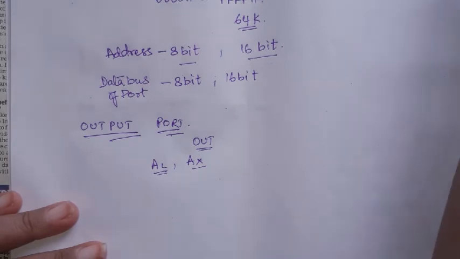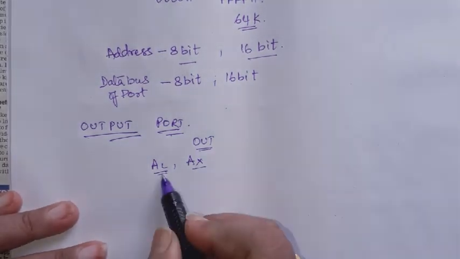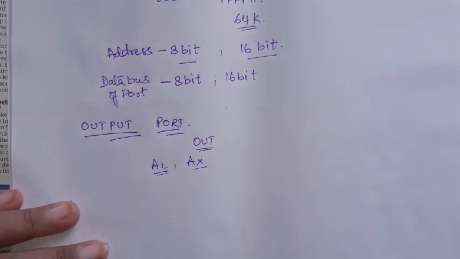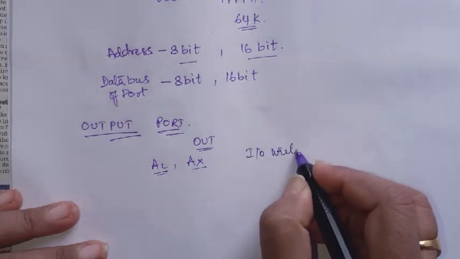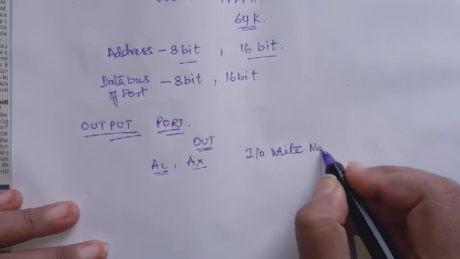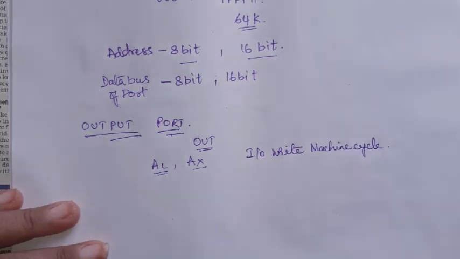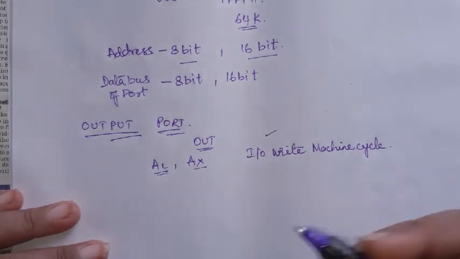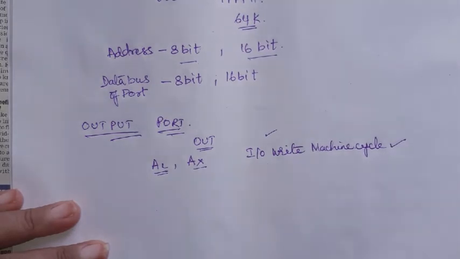Depending on whether the data bus is 8-bit or 16-bit, we use the AL or AX register. The data from the processor is sent to the output port during the I/O write machine cycle, which is the machine cycle performed when the OUT instruction is executed.